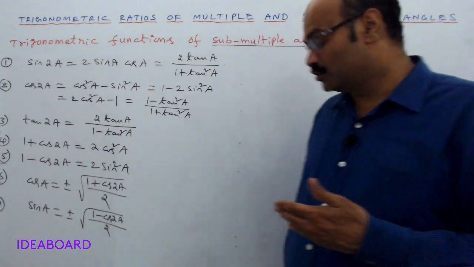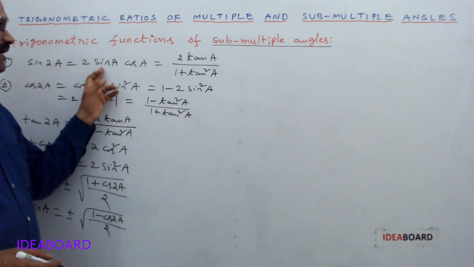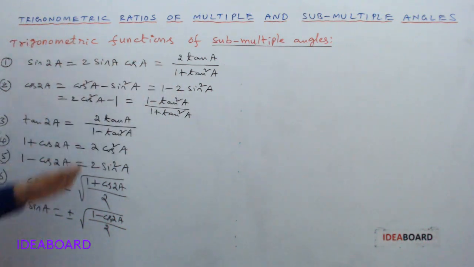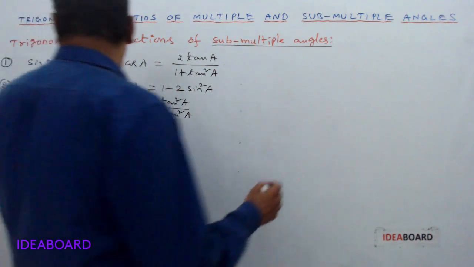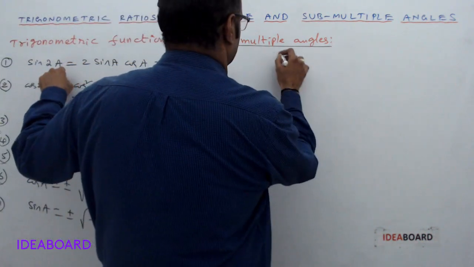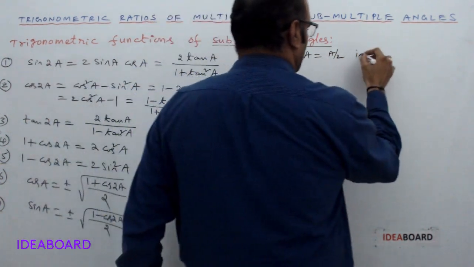Now to get the trigonometric functions of submultiple angles, put A equal to A by 2 in the above formula.